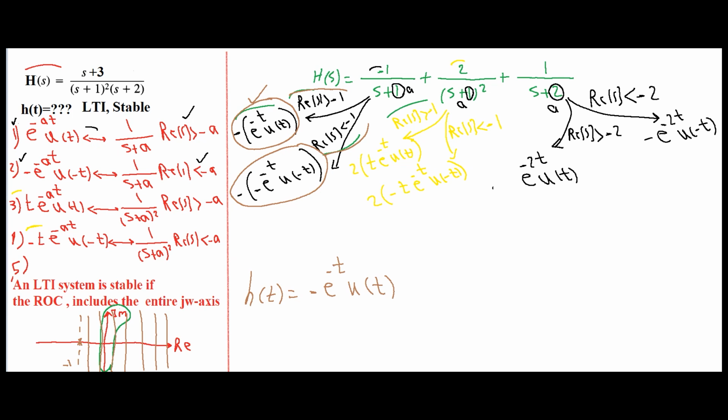From the second pair, again, the case with real s greater than minus 1 includes the j omega axis. So we choose 2t e to the power of minus t u(t).